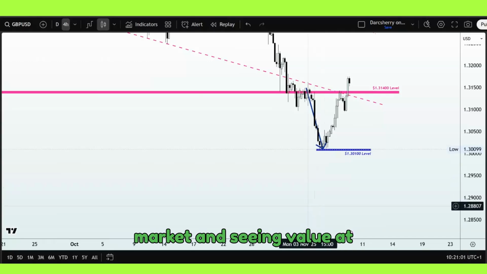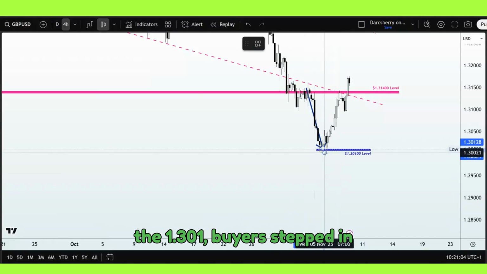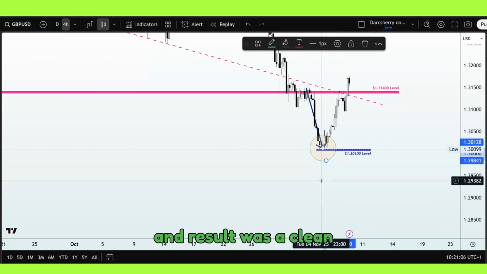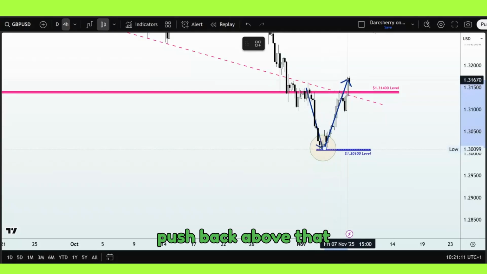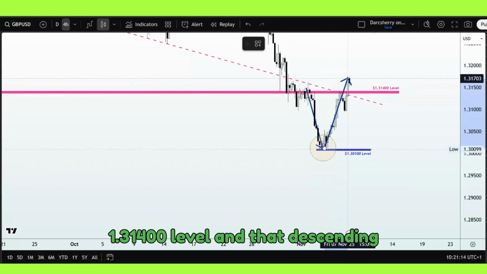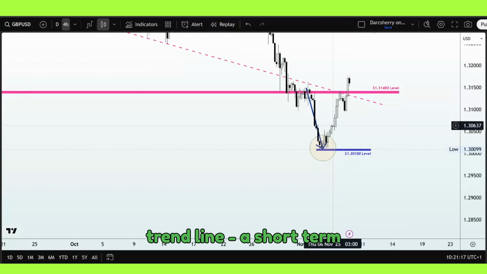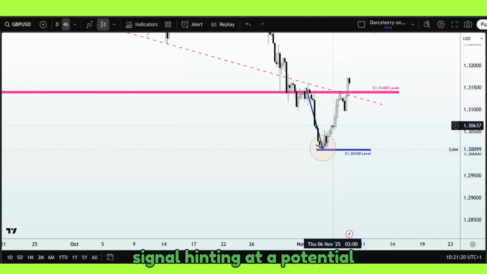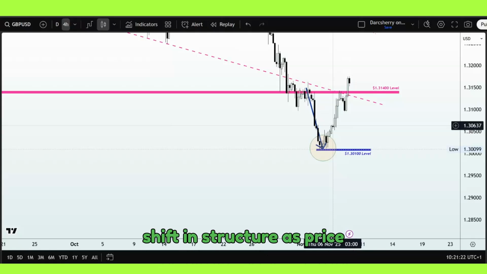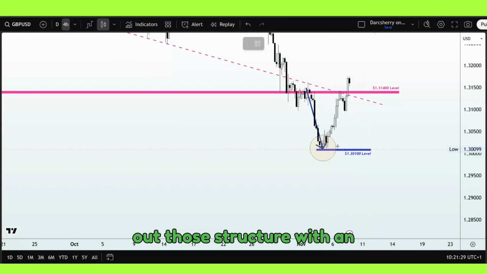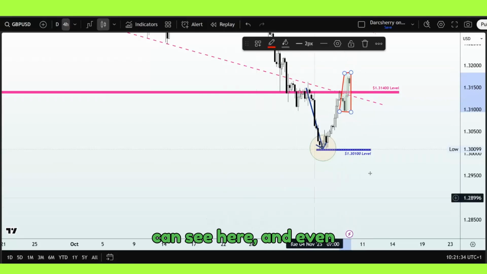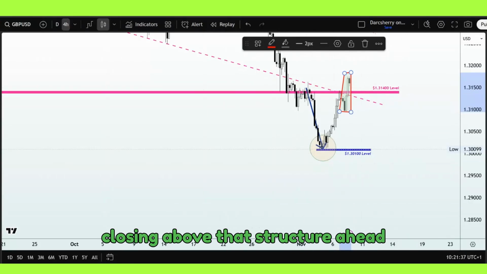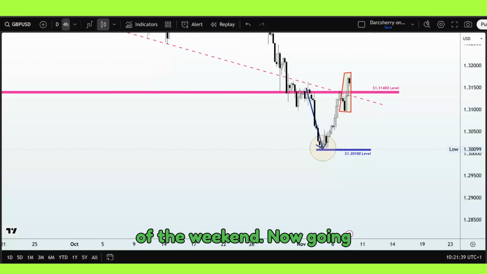Seeing value at the 1.301, buyers stepped in, and the result was a clean push back above that 1.31400 level and that descending trend line, a short-term signal hinting at a potential shift in structure, as price action broke out of structure with an engulfing bullish candle, as we can see here, and even closed above that structure ahead of the weekend.